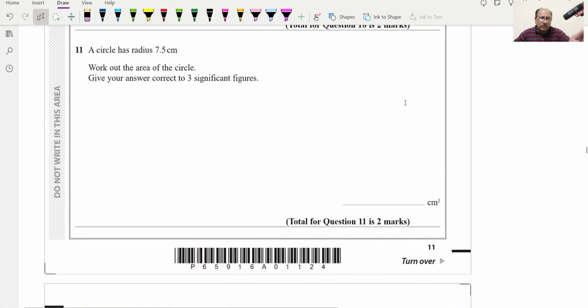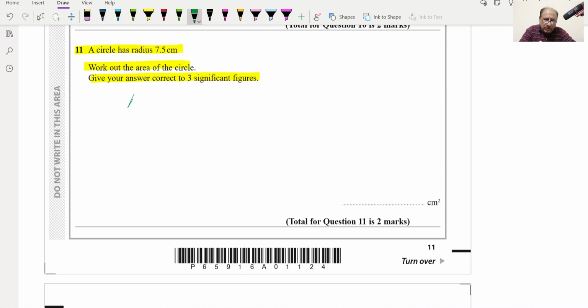Now we can move to question number 11, and question 11 says a circle has radius 7.5 centimeters. Work out the area of the circle. Give your answer to three significant figures.